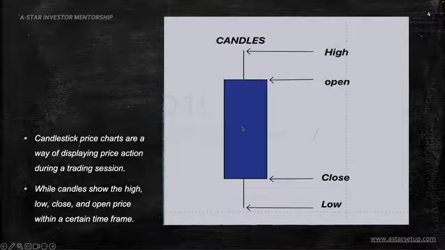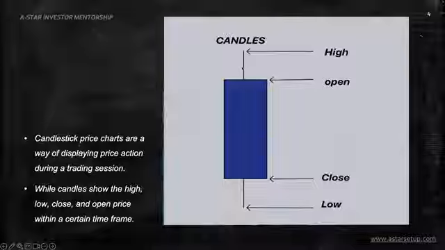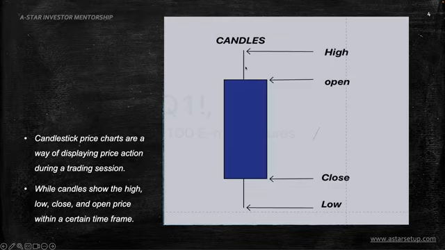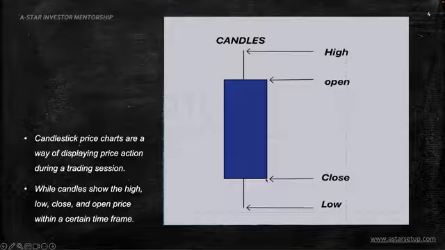So that's the body of the candle. And these skinny black lines that you see at the bottom and at the top of the candle, that is called a wick. A wick. So this candle, and this is the basis for every single candlestick, gives you information.